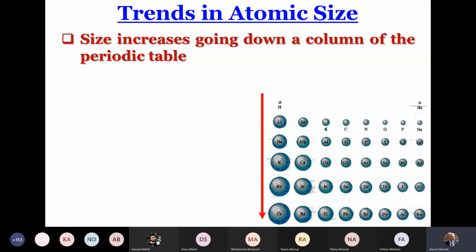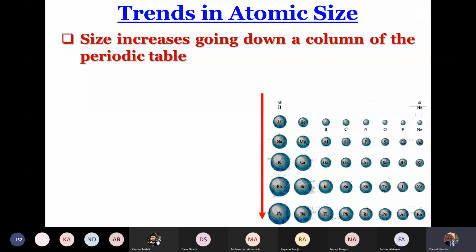And we know in the quantum numbers, as n increases, the volume of the orbital increases. And the volume of the orbital increases, that means we have more points of probability of presence. So as we go from up to down, it is logical to say that the radius increases.